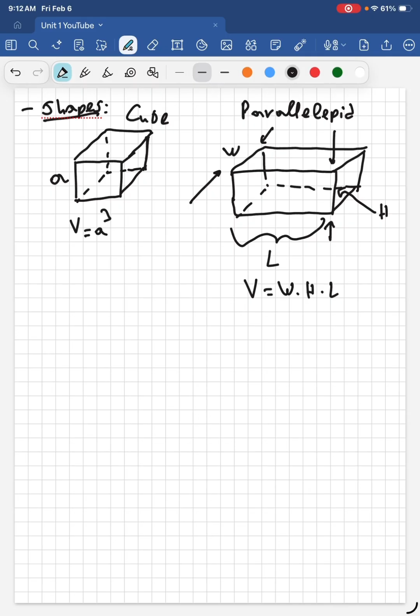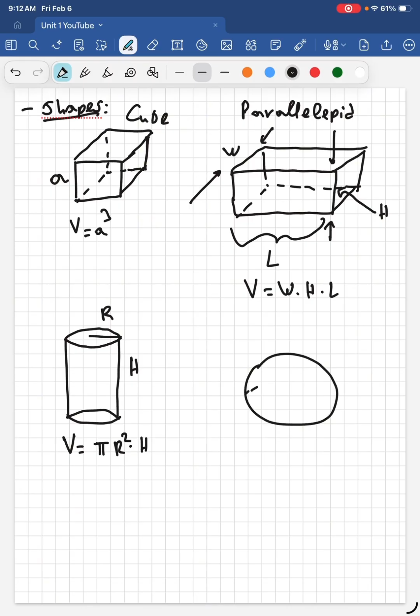We multiply. Other common shapes are the cylinder. So this is a cylinder. It has a radius r and a height h. So its volume is pi r squared times height. Another common object is the sphere. Hope this looks like a sphere. It has a radius r. Let's write cylinder here, and sphere.